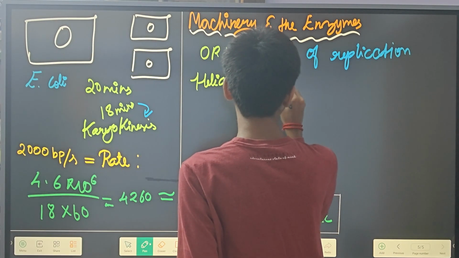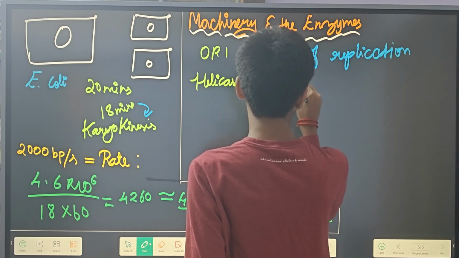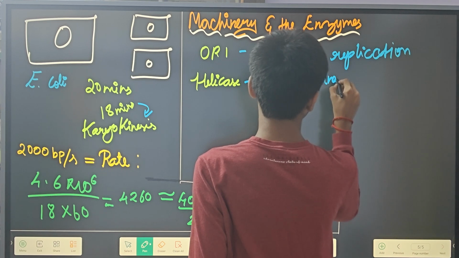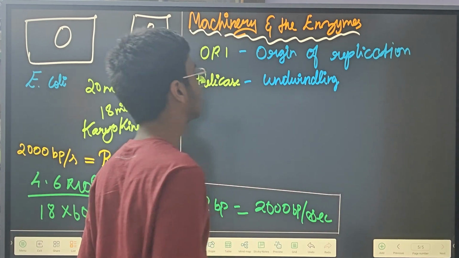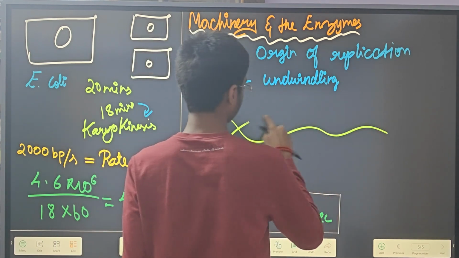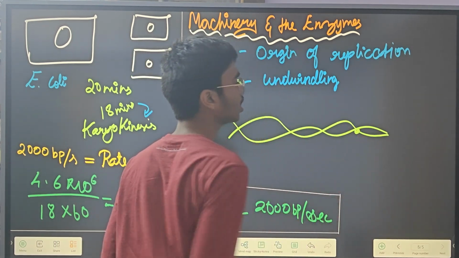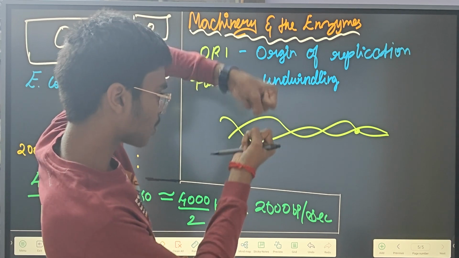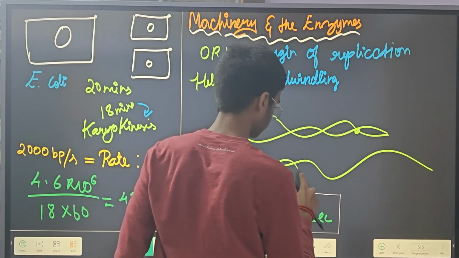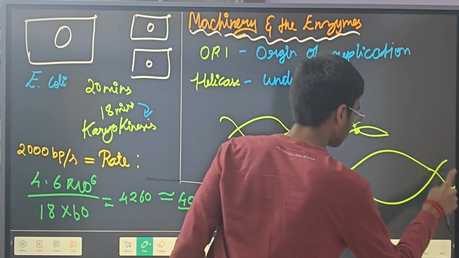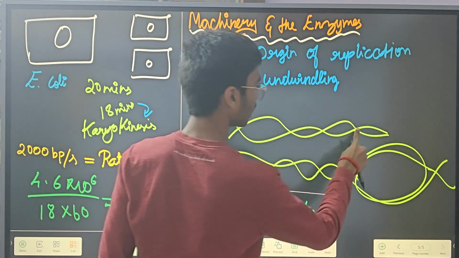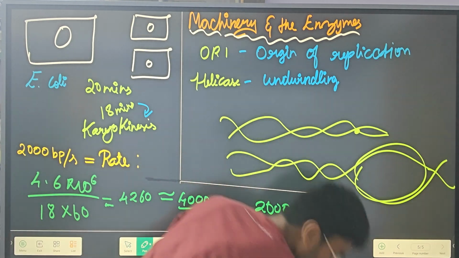Unwinding in the sense, if you are considering this, this is the point where it should be separated. So this is the point where it has got separated. This is the point where ORI has chosen.